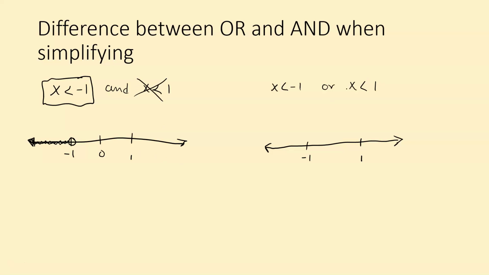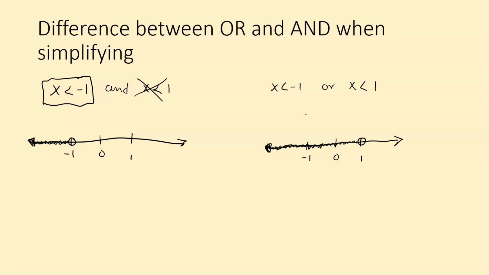But if it were an or statement, we would go ahead and say x is less than 1 is our solution, because remember, for or statements, it can satisfy one or both inequalities. So, for example, 0 works because it is less than 1, even though it's not less than -1.